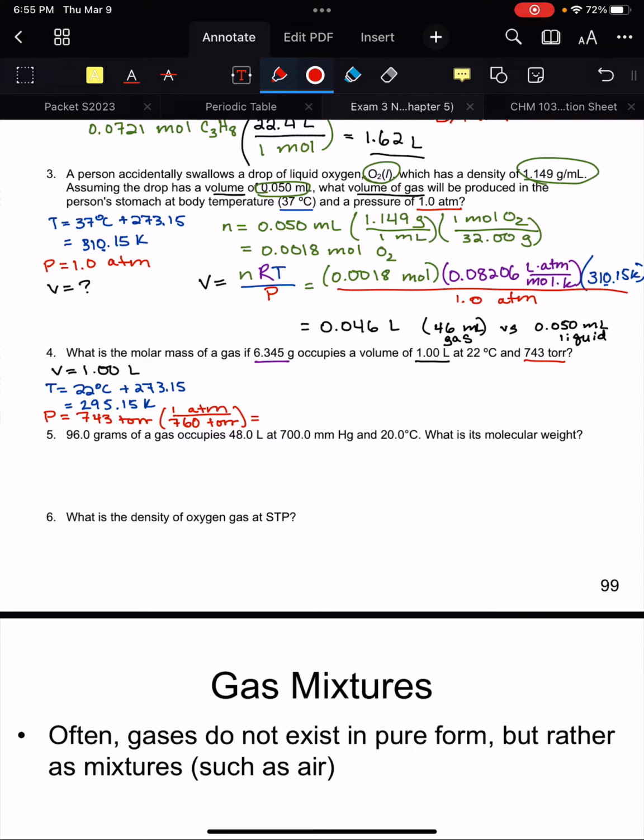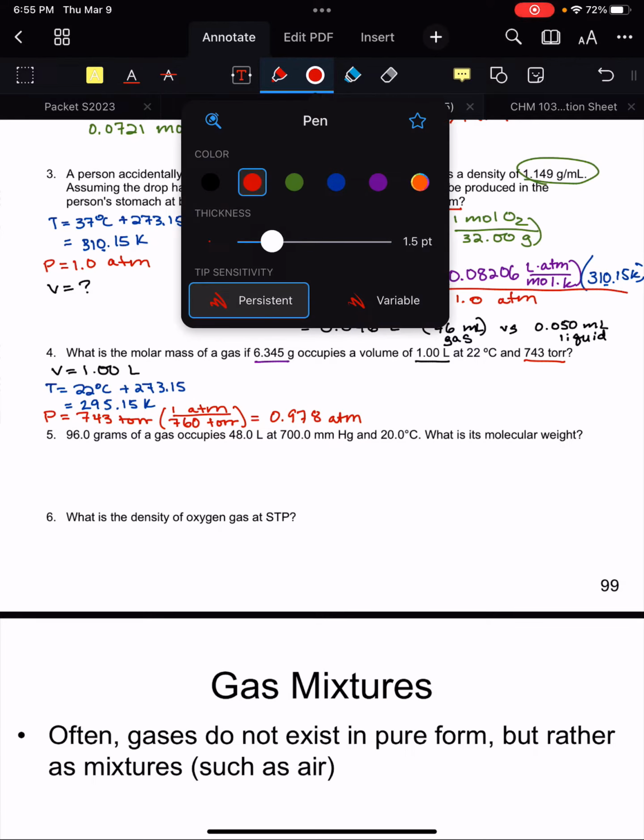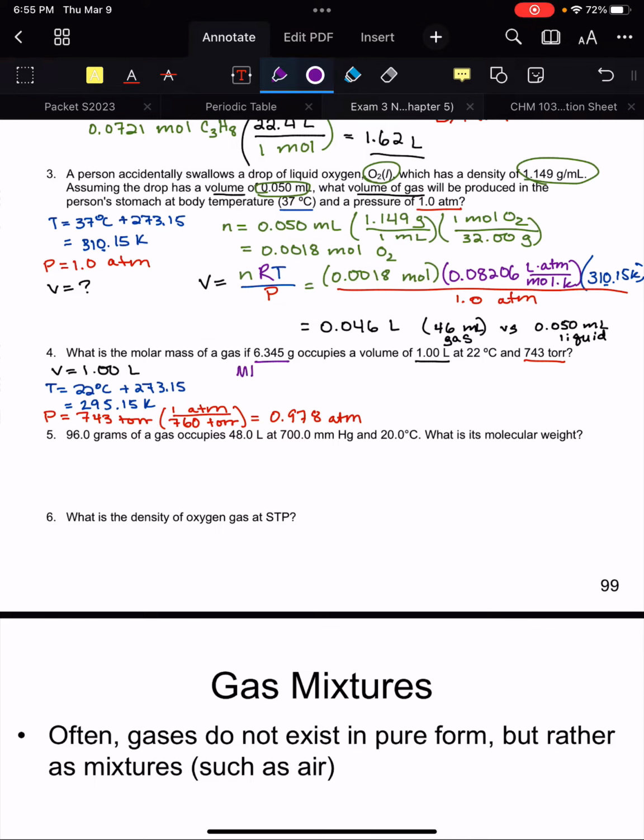So if we do the calculation, gotta grab my trusty calculator. 743 divided by 760 gives us 0.978 atmospheres.